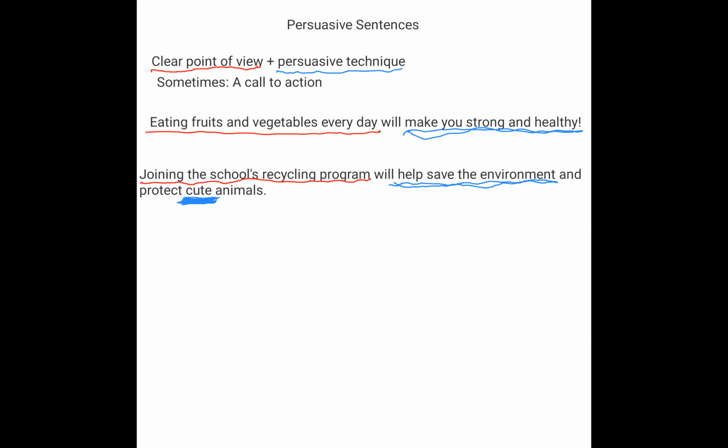And in pointing out the second benefit, they've used emotive language because we get to save all the cute little animals. That's all right. As long as you're here to take part, that's all good, Stefan. So, yeah, we see in this sentence, we've actually got two persuasive techniques.